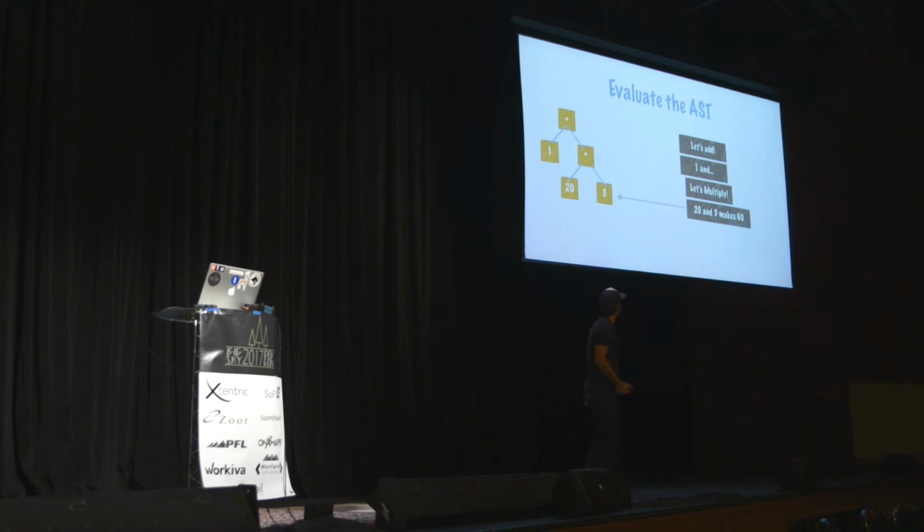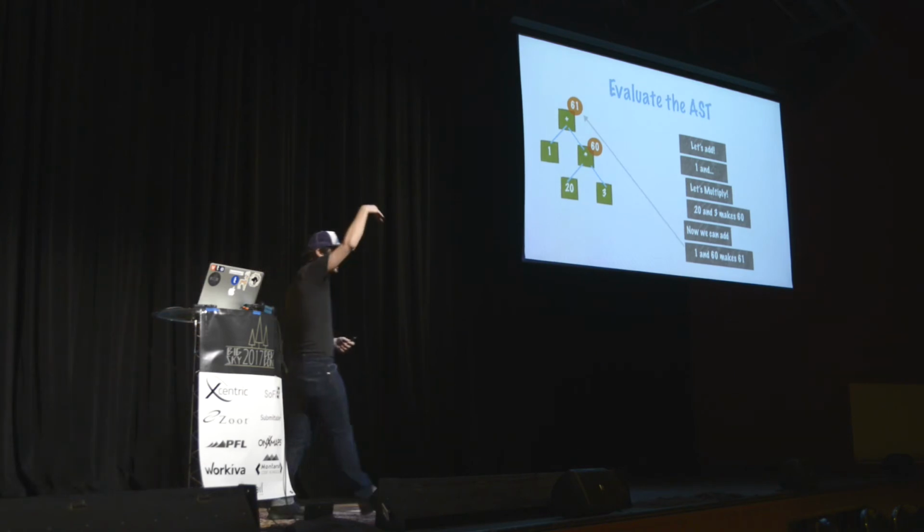We can multiply 20 and 3, so that makes 60. And then we've walked the tree at this point. We're going to come back up out of it, and that times evaluates to 60. Now we can go back to adding, and we know what to add. We're going to add 1 and 60, and we're going to get 61 out of it. The algorithm to walk this tree is called depth first search. So we're diving down deep into it, and then we're surfacing everything back up. We're going to walk it to execute it.